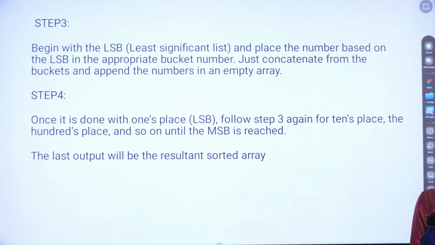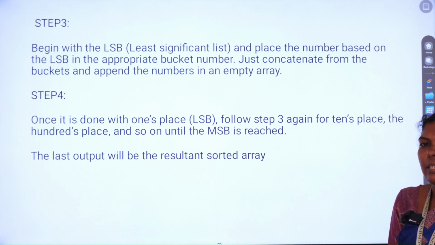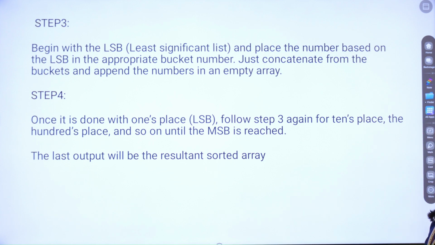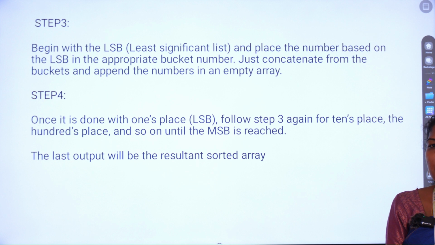Then step 3: Begin with the least significant digit and place the number in the appropriate bucket based on the LSB. First we want to know what the least significant bit and the most significant bit are.